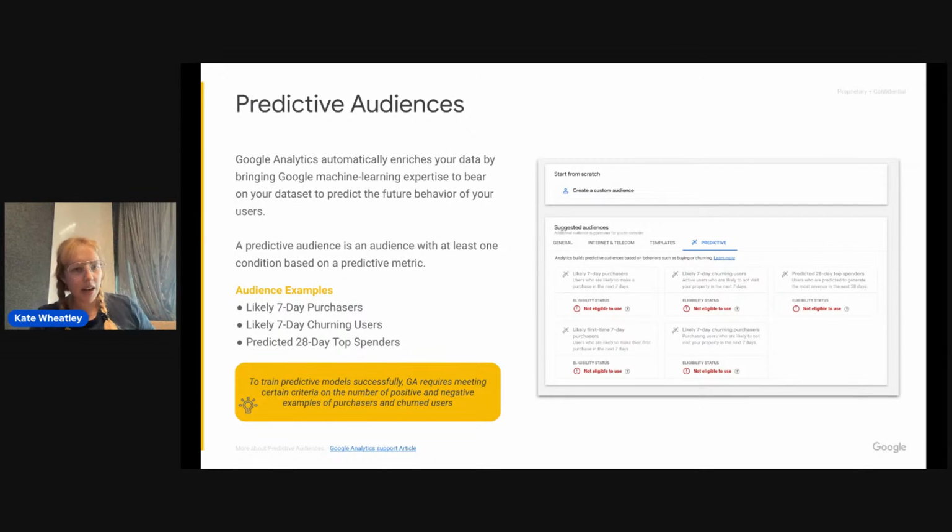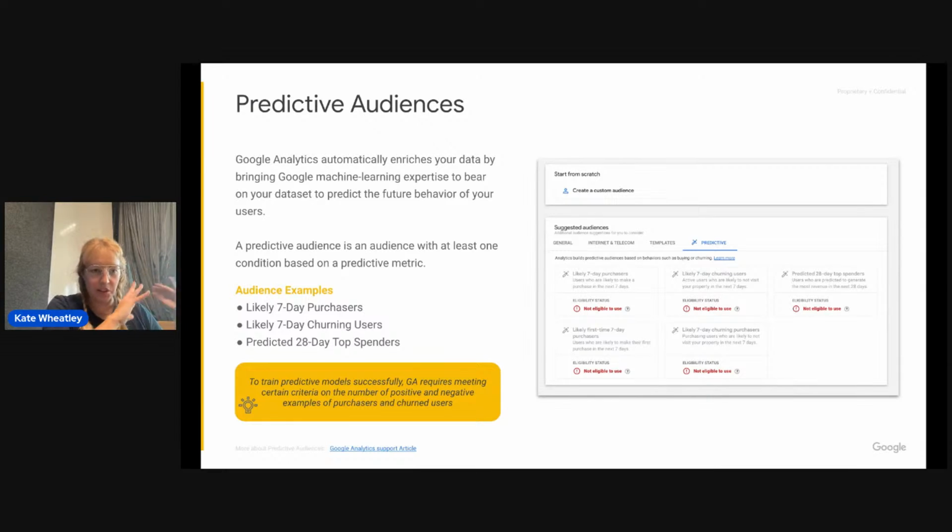It will look at previous data from your users, and based on its machine learning analysis of the trends we see in users, what kind of clustering do we have of people based on their behavior that leads them to eventually convert, for instance. It'll look at that past data. It'll find common features between these users. And then it will say, all right, based on that, we predict that these people are going to convert in the next 7 days. Or we predict that these people are likely to churn.